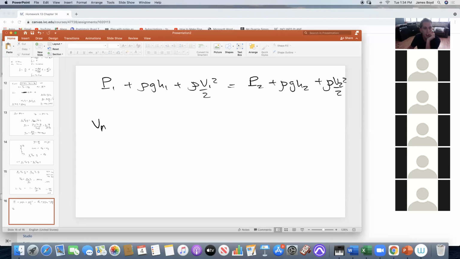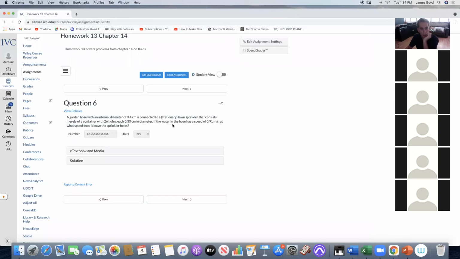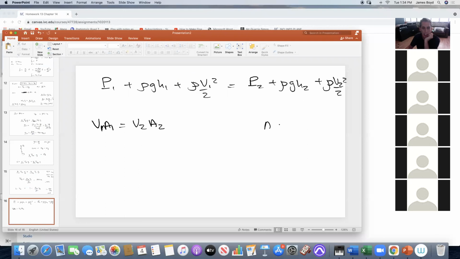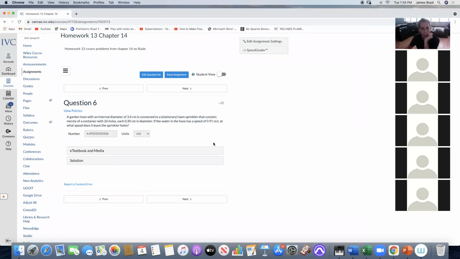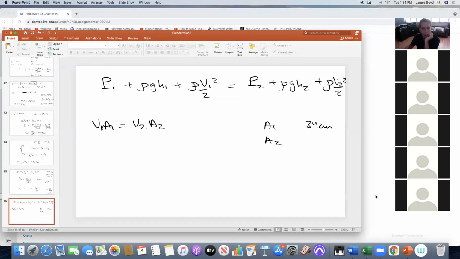V1 times A1 is equal to V2 times A2. There's no change of height. But the areas: area 1 has a diameter of 34 centimeters, and area 2 has 26 holes, each with a diameter of 0.30 centimeters. So there are 26 of those. We'll come back to that in a minute. There's no height change.